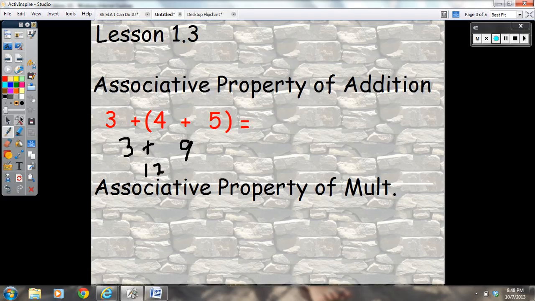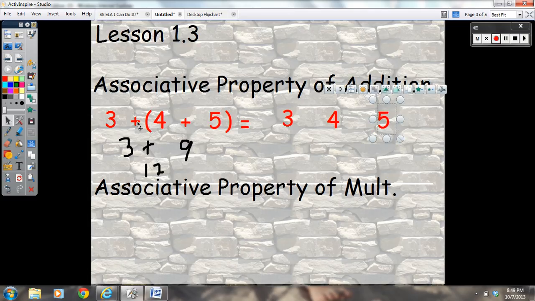Now the associative property of addition says we could take the 3, we could take the 4, and we could take the 5, and we could group them differently, and we could wind up with the same result, with the same answer.